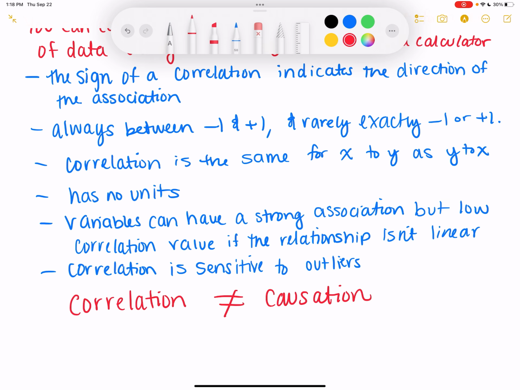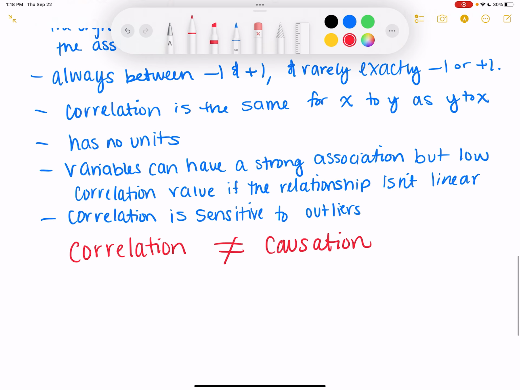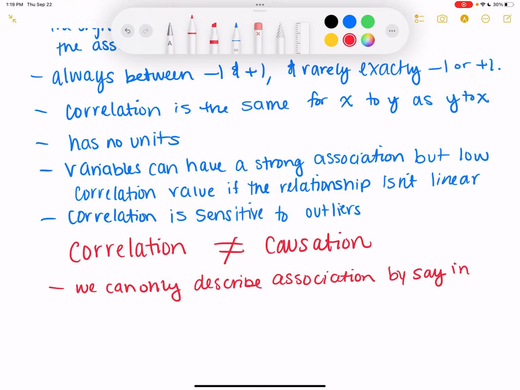And I'll show you an example of that in a minute, but we can only describe association by saying increased variable x is associated with increased or decreased variable y.